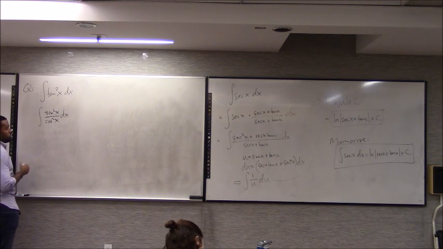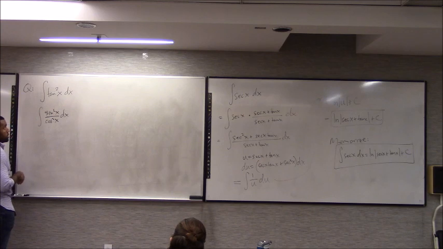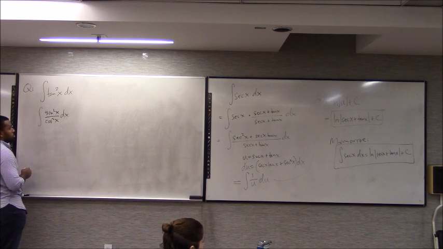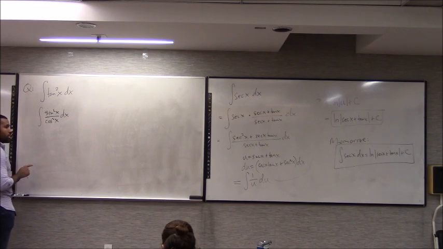Okay. So what identity would you apply? I guess substitute out cosine squared x for 1 minus sine squared x. Okay, you could do that. Here's one idea though.